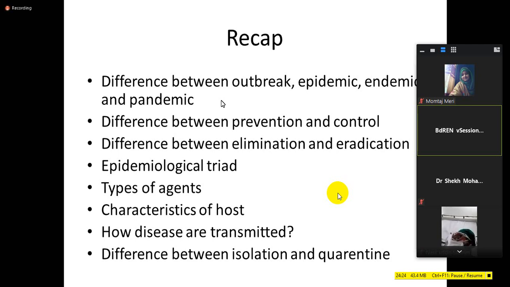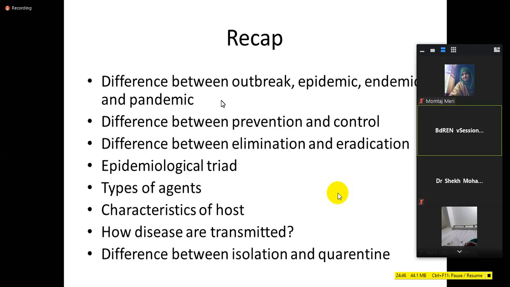It is common in certain parts of Bangladesh, like in Rangpur or Dinajpur. So up to a certain amount this happens here every year. Another example, Kala-Azar, also common in Mymensingh district. Malaria in Chittagong hill tracts. So a certain number of people are suffering every year from malaria.